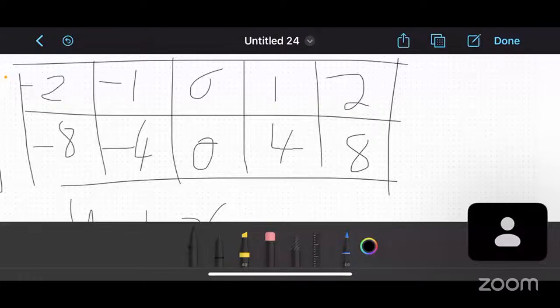So how you can say it, you can say when your x is equal to -2, your y value is going to be equal to -8, right? When your x is equal to -1, your y value is equal to -4, right? When your x is equal to 0, your y is equal to 0.